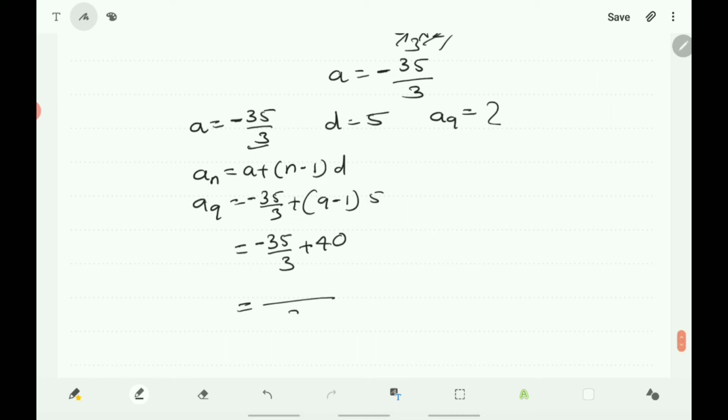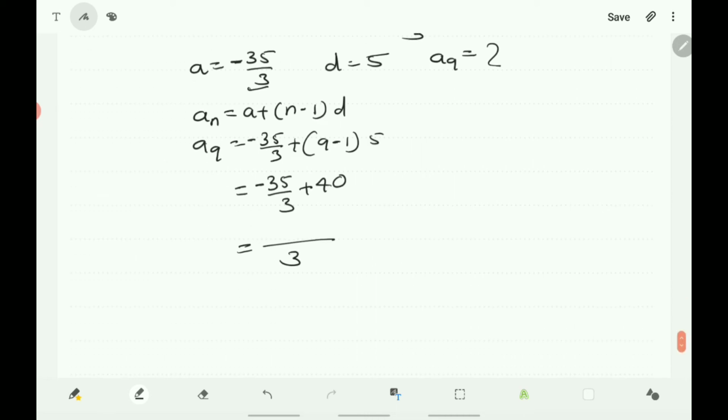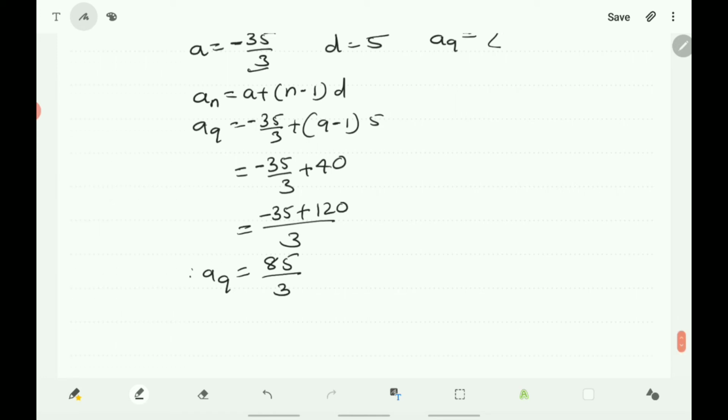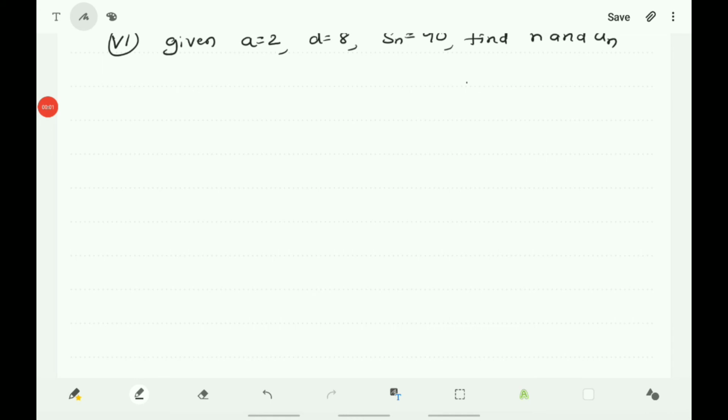And the LCM is 3, so the numerator becomes minus 35 plus 40 times 3, that is 120. Therefore a9 is equal to 120 minus 35, that is 85 by 3. Children, let us continue the exercise 1.3.